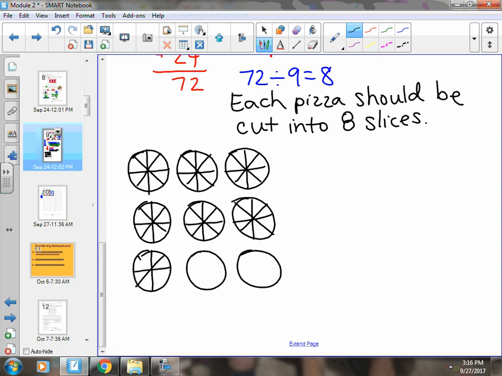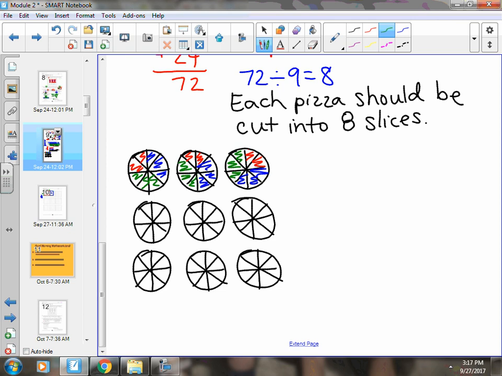And you could even go a little further and say, okay, we got 24 kids, right? So this could be 1 kid, 2 kids, 3 kids, 4 kids, 5 kids, 6 kids, 7 kids, 8 kids, right?